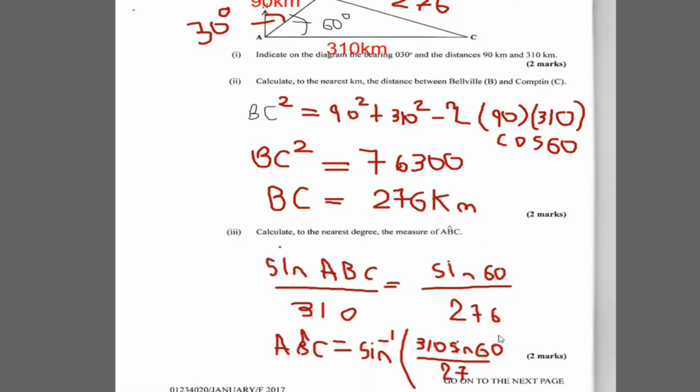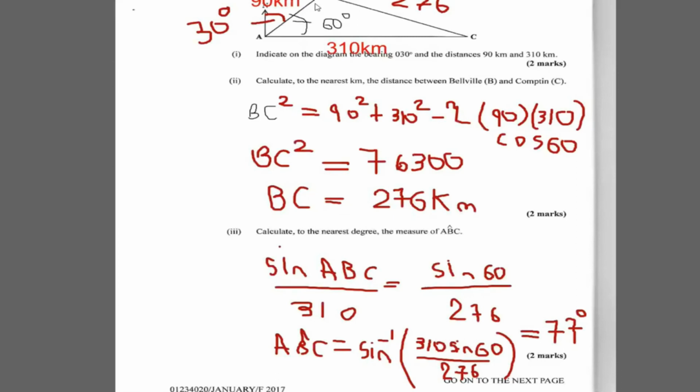So angle ABC works out to be 310 sine 60 divided by 276, then we take sine inverse. You want it to the nearest degree, and so I'm getting 77 degrees. Nice and easy. So angle ABC is 77 degrees. Nice.